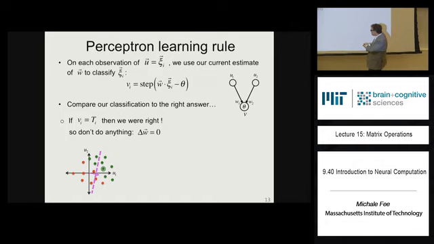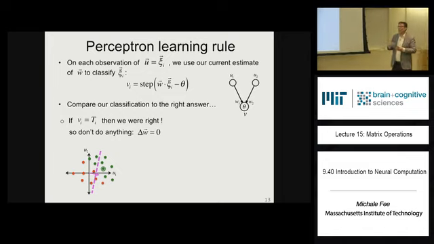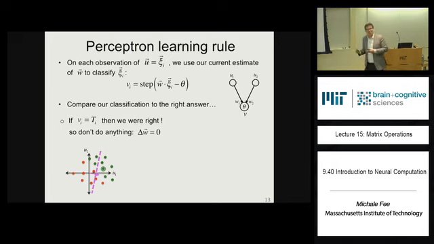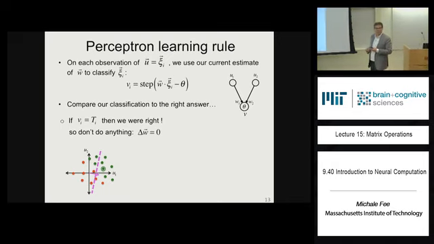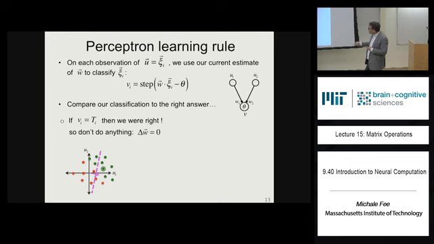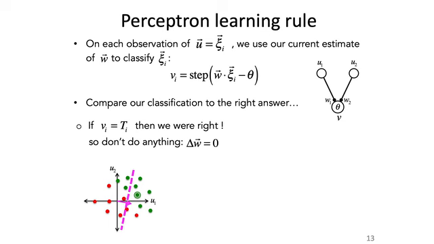And so 1 was the right answer in this case. So what do we do? We don't do anything. We say the change in weight is going to be 0 if we already get the right answer. So if we got lucky and our initial weight vector was in the right direction, so our perceptron already classified the answer, then the weight vector is never going to change because it was already the right answer.